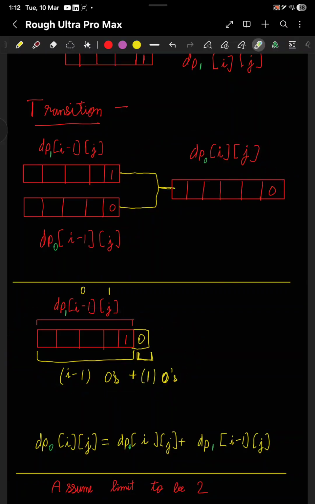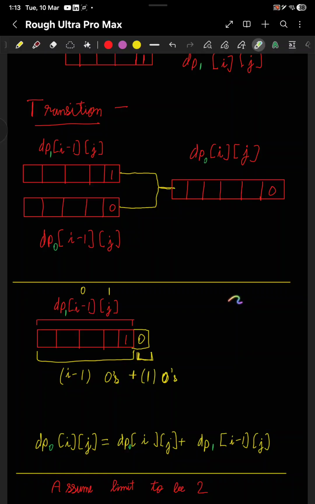And why is that so? Because we know that this is actually safe, and if we are appending an opposite element to this, like for 1 we are appending 0, that would not increase our risk, because our risk was that we could have at most limit number of zeros or ones.